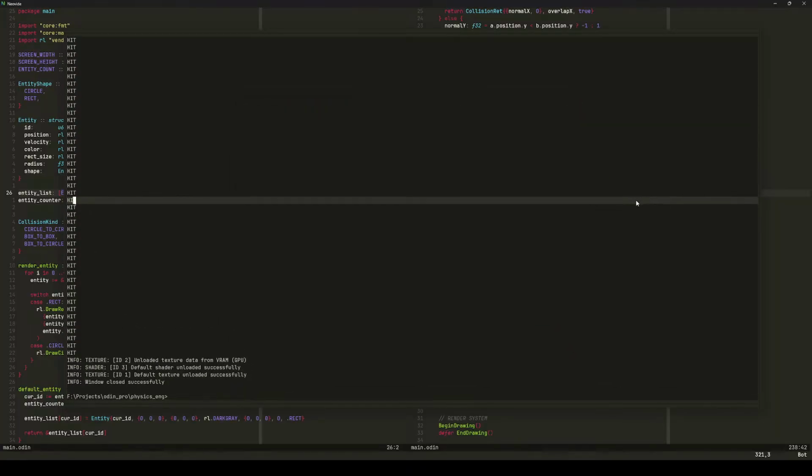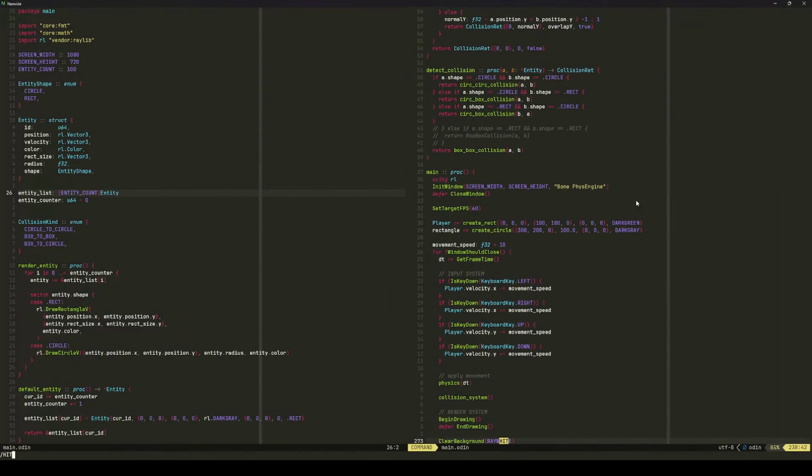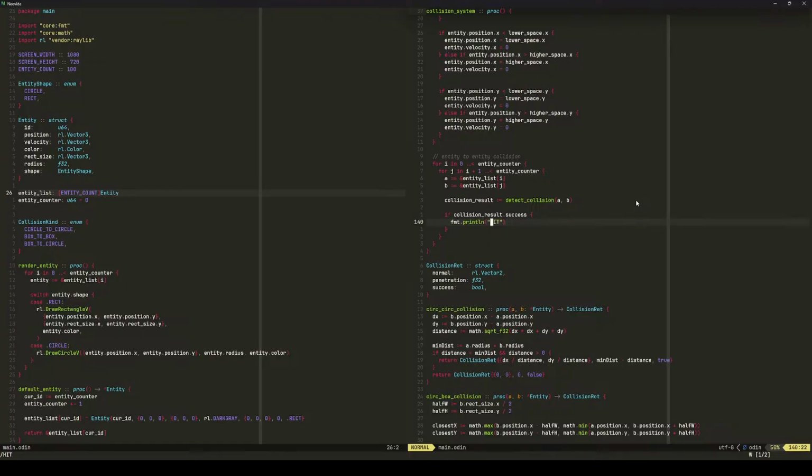Now define the function. Cool. Collision resolution.